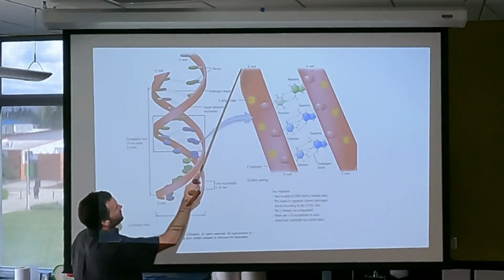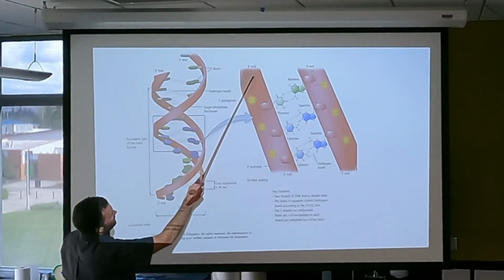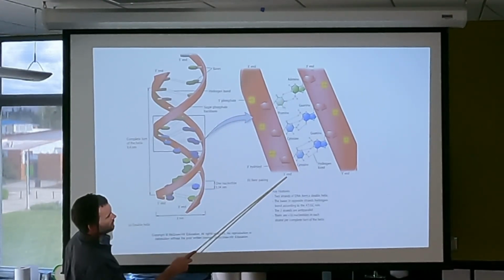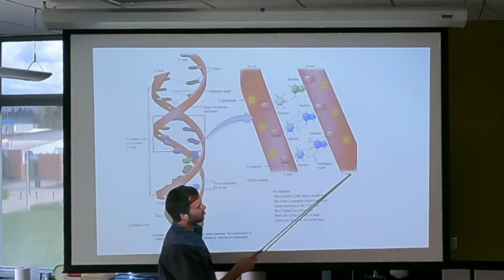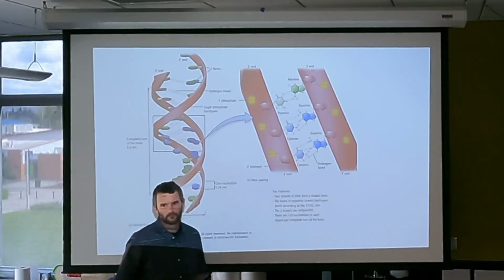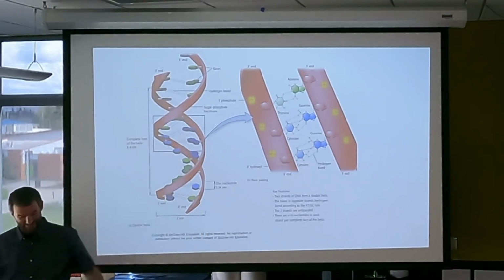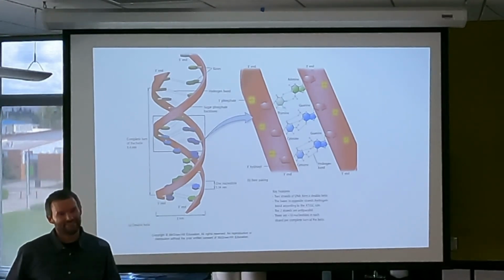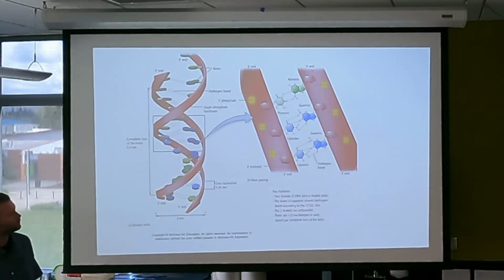If you look, it goes 5' to 3', because up here at the top you have a 5', and at the bottom it ends with the 3', and that's inverted on the other strand. So when they go together, they have to be opposite. They just take the outside and flip it, so one side goes one way, the other goes the other way, and then they come together with their bases.